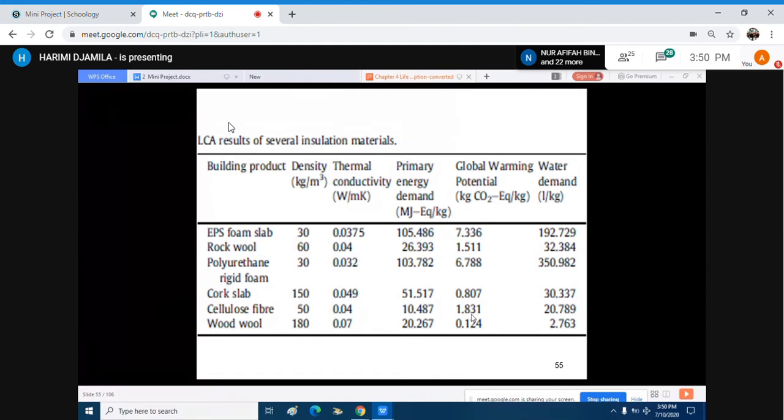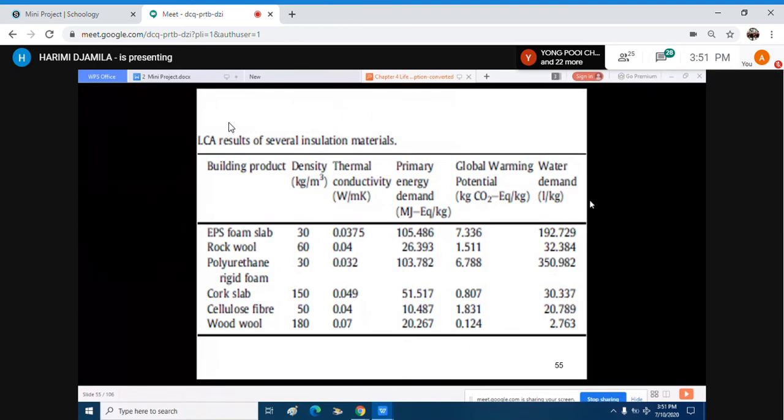It's a very brief introduction to the topic, but it gives you some hints in terms of selection of building materials where you are supposed to consider, for instance, primary energy demand, global warming potential, etc., including water demand.